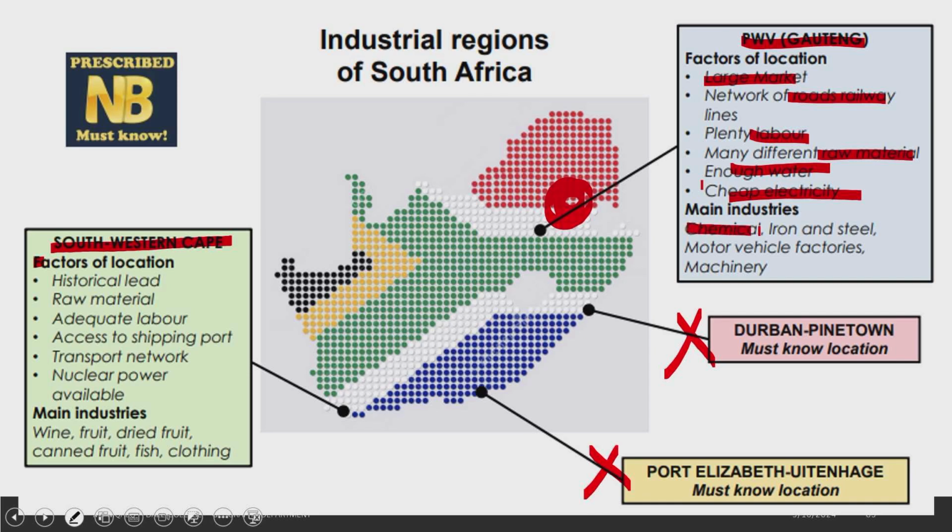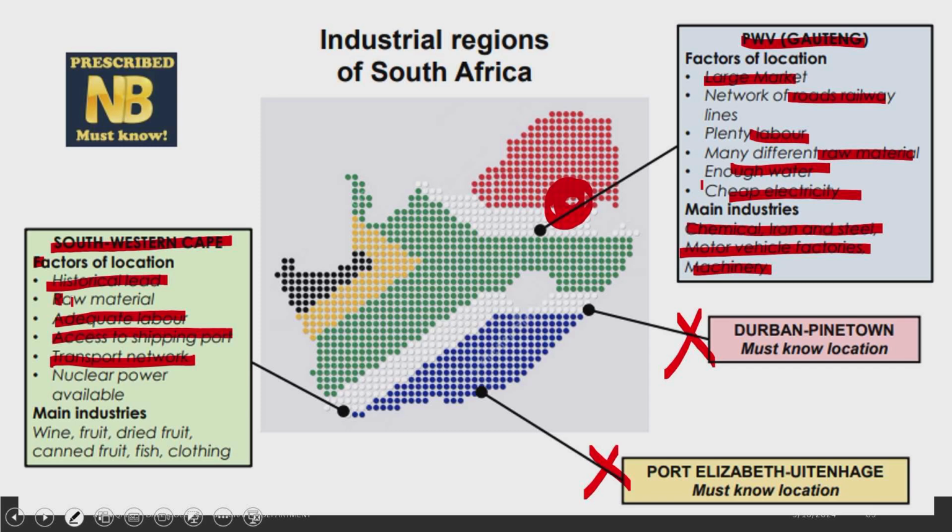Main industries include chemical, iron and steel, motor vehicle factories, and machinery. When we come over to the Southwestern Cape, the historical lead, knowing that Jan van Riebeeck was the first to go there, meant a lot of infrastructural development, so there's a whole lot of infrastructure already in place, hence the transport network. Access to a shipping port, there's a lot of maritime activity. Where we look at Saldanha, there's a lot of maritime and shipbuilding happening there.